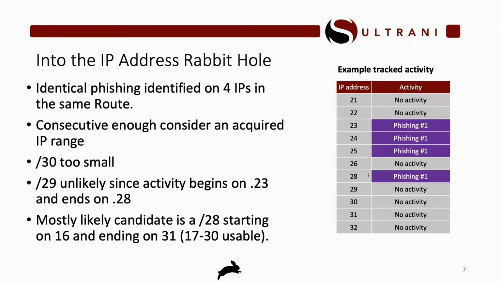So the most likely candidate then is a /28 that would start on 16 and would end on 31, with IPs .17 through .30 being the most usable ones. And so we could imply that because of the consecutiveness of the phishing and the edges of what the most likely IP block is, they may have purchased a /28 in order to perform this.